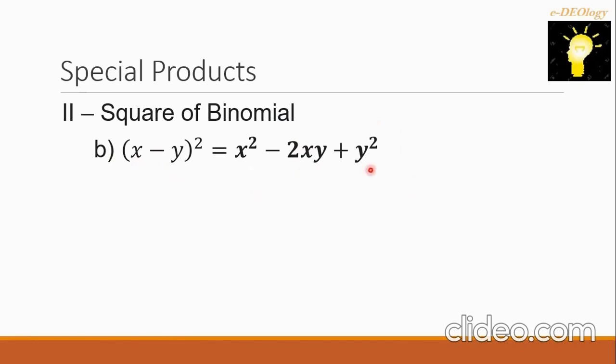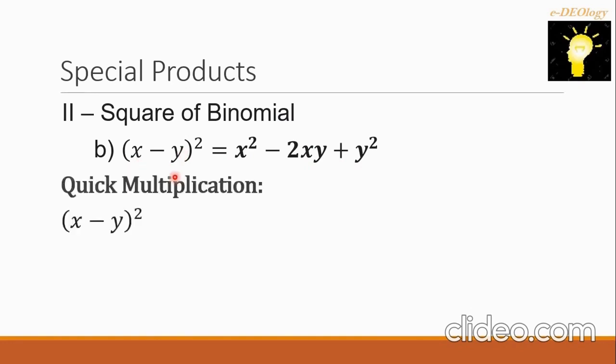And the y square actually comes when we square a negative y. Of course, we know that negative times negative will be positive. That's why here it is positive y squared. So these are the three terms when we square a binomial like this, the difference of two terms.